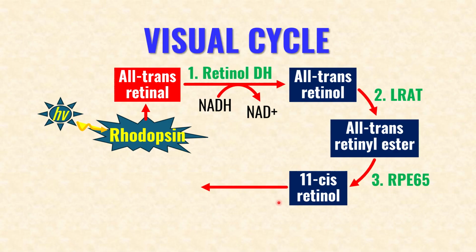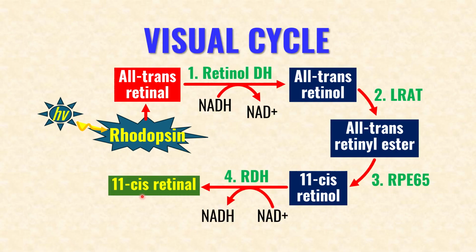This 11-cis retinol is then finally oxidized to 11-cis retinal utilizing alcohol dehydrogenase or retinal dehydrogenase. In this case, the enzyme utilizes the cofactor known as NAD+. 11-cis retinal is the photoreceptor, or you can say it receives the light and initiates the reaction. So this can combine with opsin, forming rhodopsin to reset the reaction.